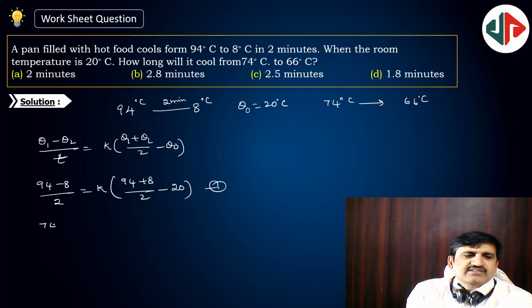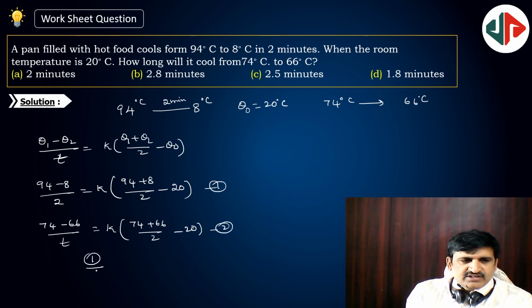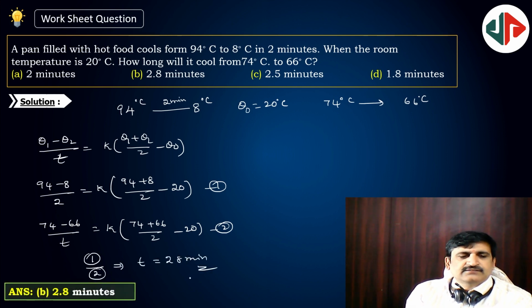And (74 minus 66) by t, here the time I have to find, is equal to K into ((74 plus 66) by 2 minus the room temperature, 20). So this is equation 2. On solving equation 1 by equation 2, we will get t equal to 2.8 minutes roughly, right? Yes. Next.